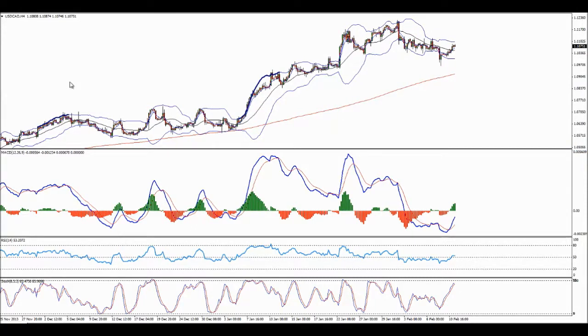Now let's take a look at the opportunities we have for today, and I would like to start with the fundamental view. We have a speech from Yellen today. For the first time, she is going to testify, and the market is looking forward to that. The reason is that Yellen is known as one of the greatest supporters of quantitative easing.